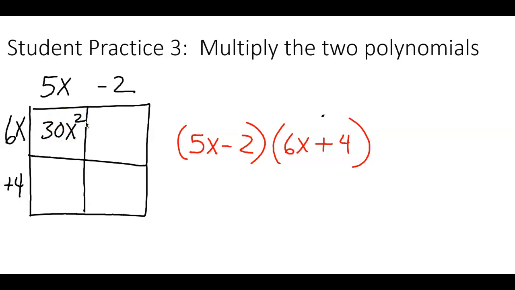Cool. Correct. Natalie, what goes here? Good. Aaliyah, what goes here? 20x. And then Cal, what goes here?